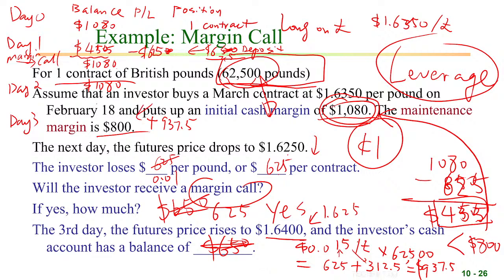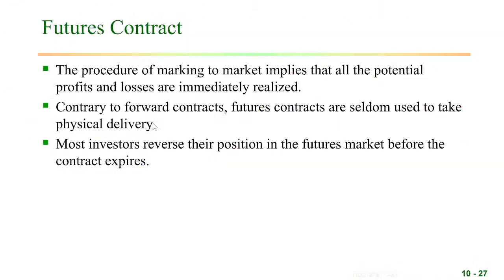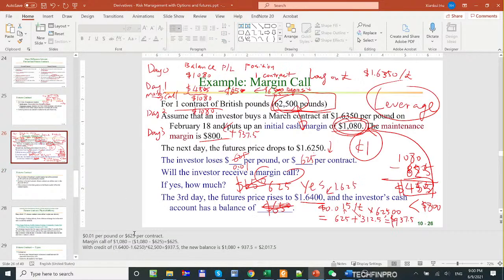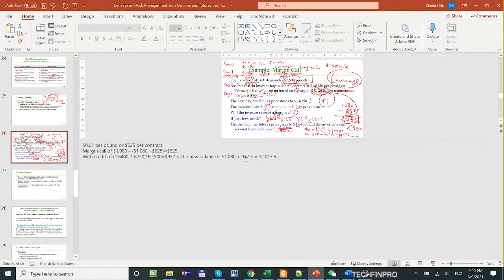So it becomes over 1100 now. So essentially overall you had a gain. And here's the answer. Okay, here's the answer.